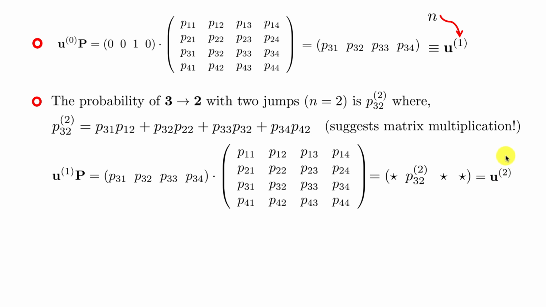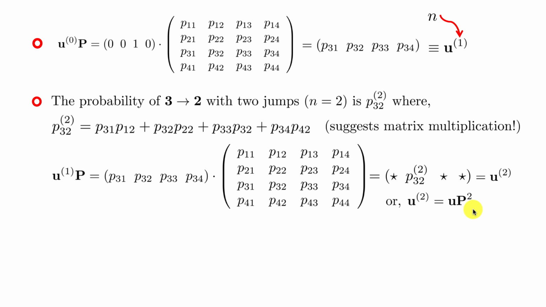In effect, what we've done is multiply with P 2 times. To get U after 1 jump, we multiplied with P only once, like over here. Now after 2 jumps, we multiplied with P twice.